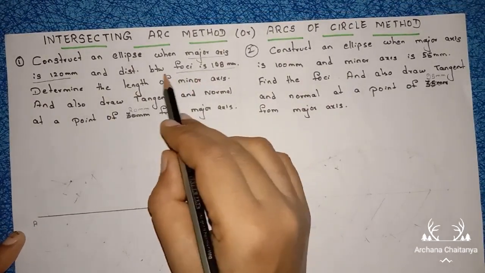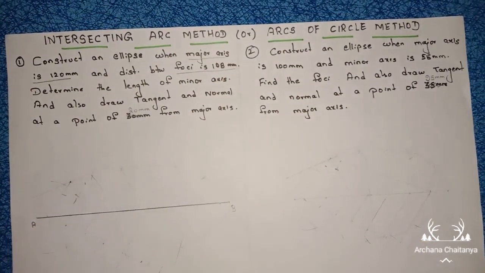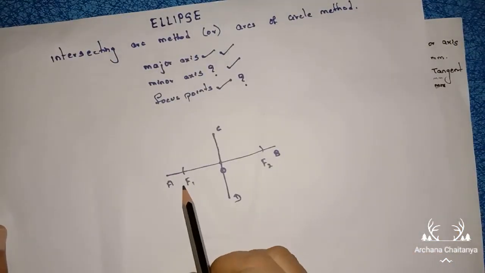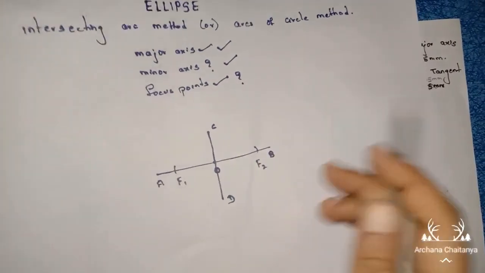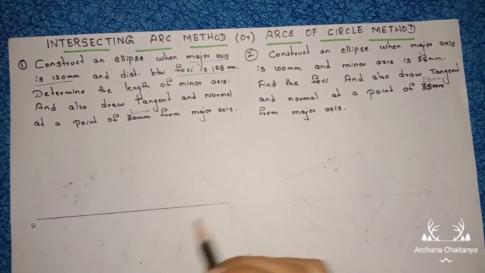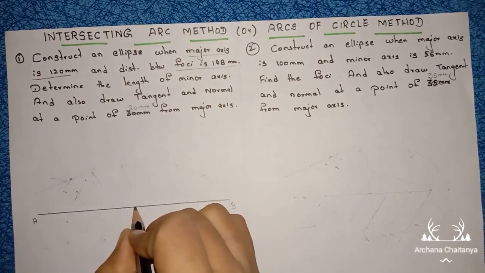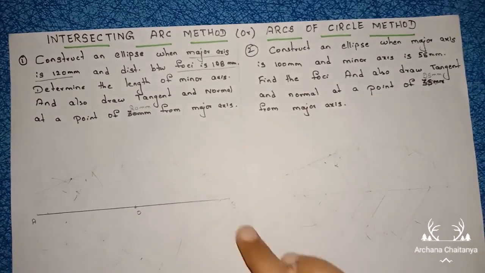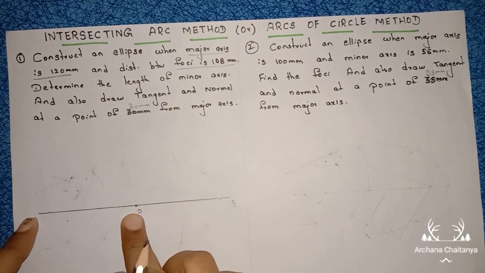Then the distance between focus points is 108 mm. As I said, focus points are located on the major axis only. You have already drawn major axis AB, so mark the midpoint of that line and name it O. AB is 120 mm, so the midpoint will be at 60 mm.